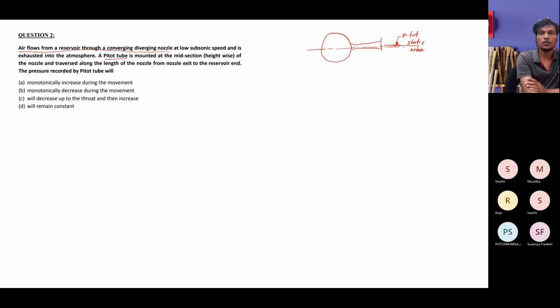I think it is better if I draw it again. So the static pressure measurement we are doing using this pitot static tube for this problem.